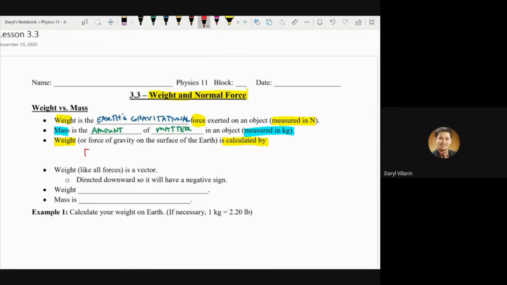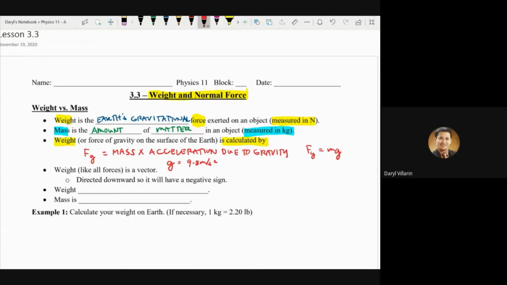It is just given by the mass multiplied by the acceleration due to gravity, or in short notation, just mg. And the g that we use is 9.8 meters per second squared.